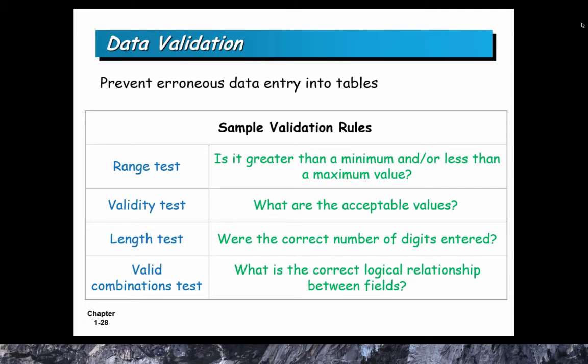An example of a valid combination might be taking a zip code and comparing it to the state that you put in. Did you put in a zip code for the proper state? If not, you want to tell them zip code and state don't match. So those are validation rules that can be in your data.